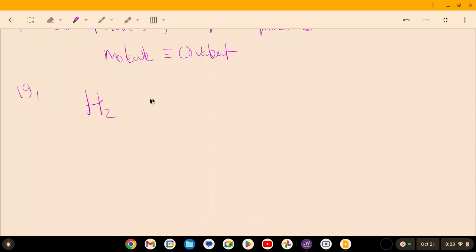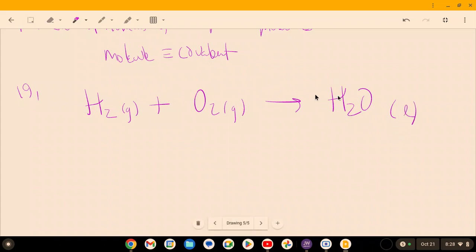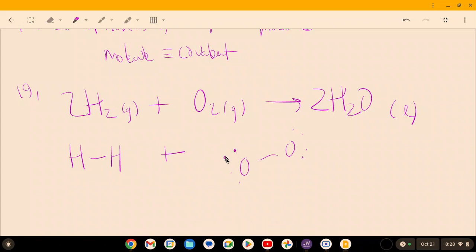So we'll go ahead and do H2 gas plus O2 gas gives H2O liquid. But let's do some stoich. Need to balance the oxygens, 2. Now I need to balance the hydrogens, 2. And what does that look like? Plus. Got the lone pairs.